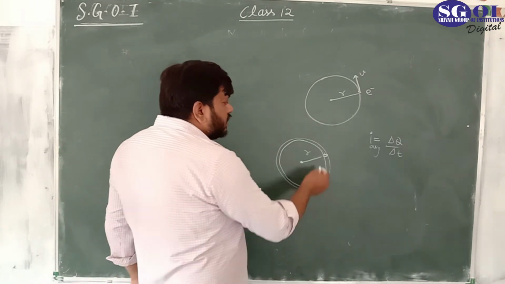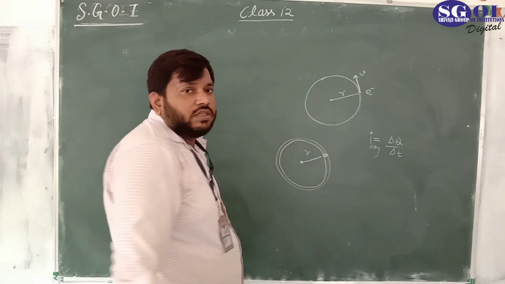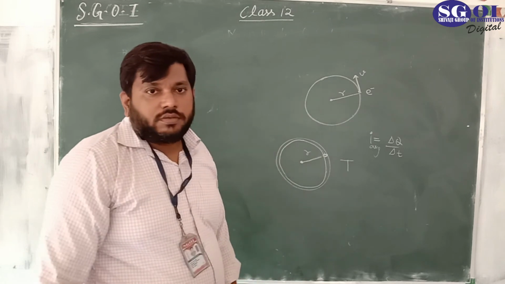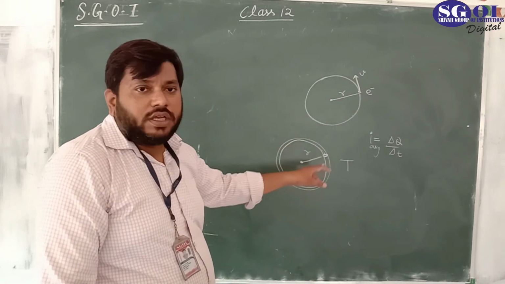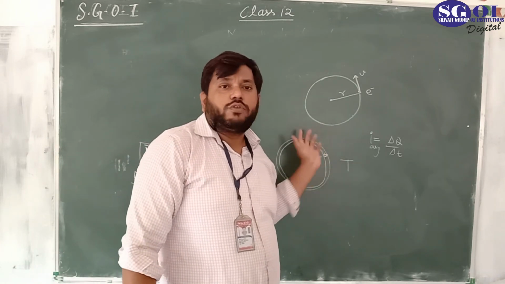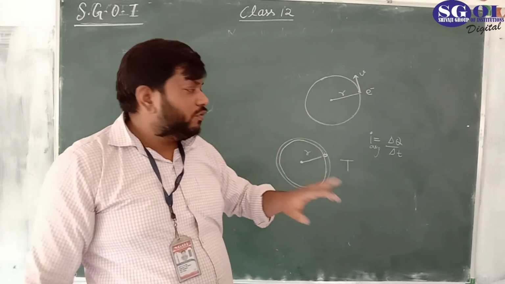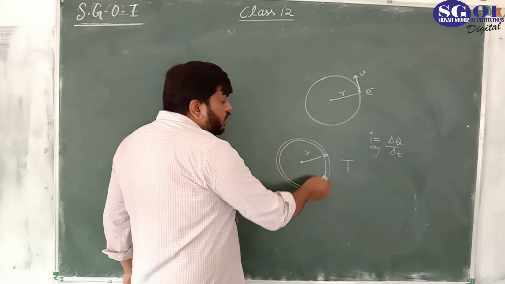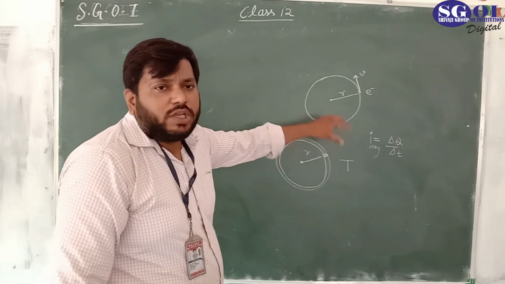The time to complete this distance is called capital T, the time period, the time of one revolution. So this time is taken by the electron to cross any particular cross section.